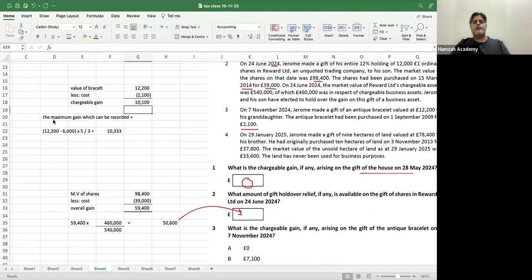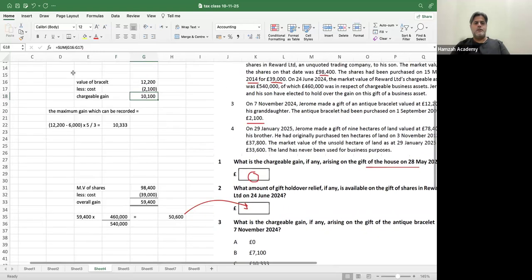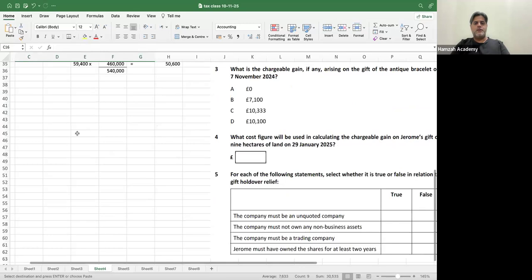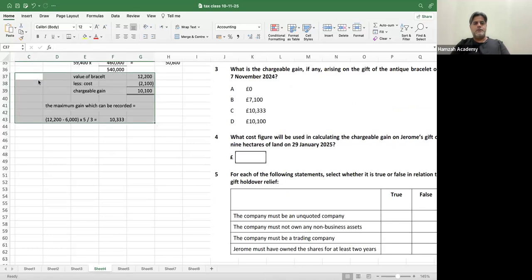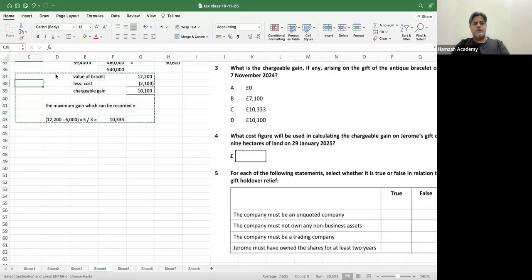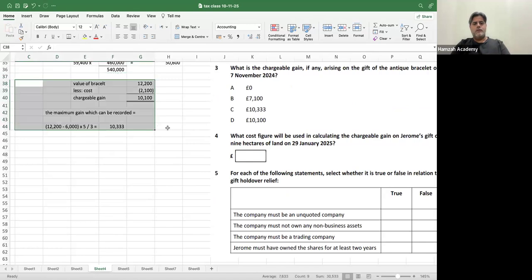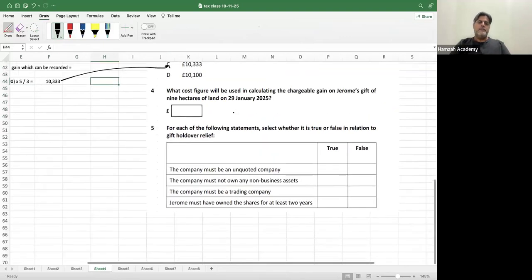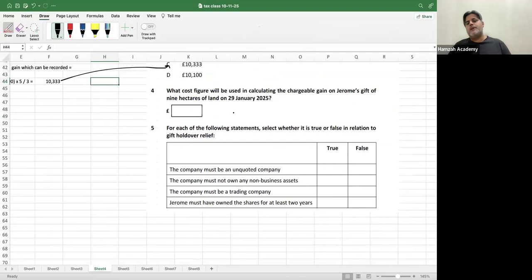Yes, this is lower, 10,100. So we just compare it with the deemed maximum which we can record, and it's lower than this amount. So we will have 10,333 over here.